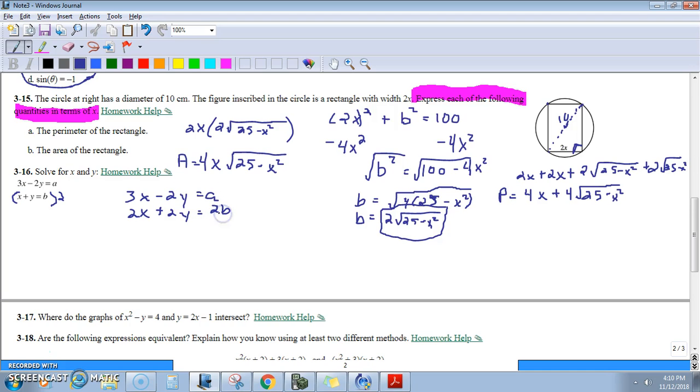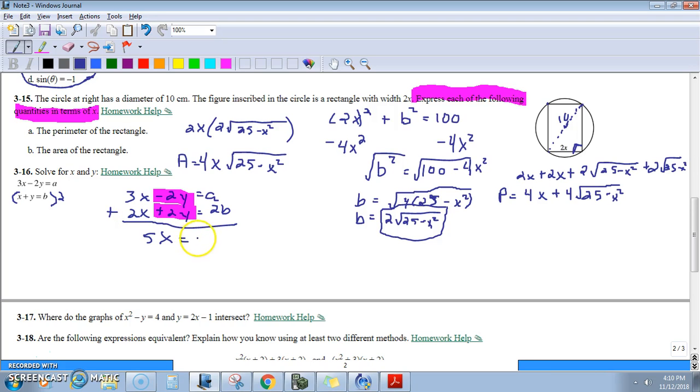Now the reason I did that was exactly what happened here. I now have a negative 2y and a positive 2y, so that when I combine these two equations, those are going to eliminate each other. So let's combine these. 3x plus 2x is 5x. My y's went away.